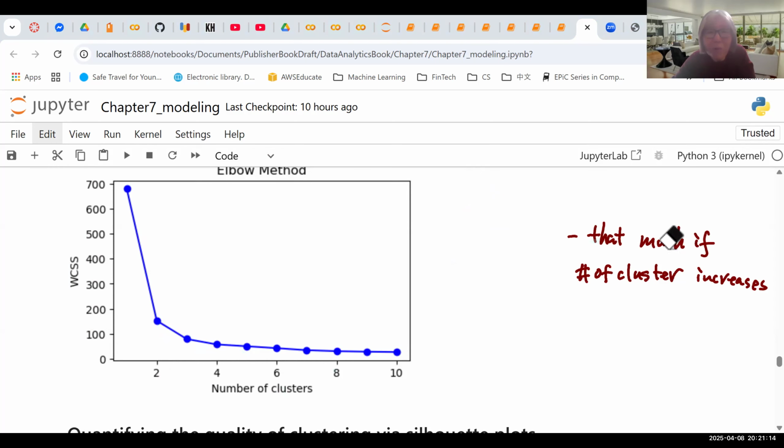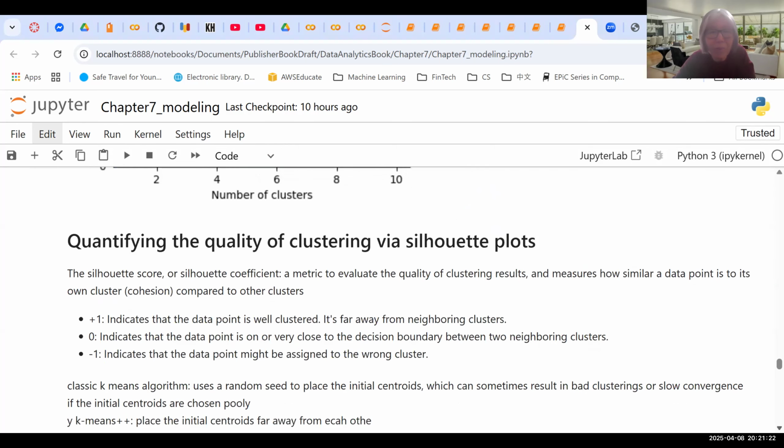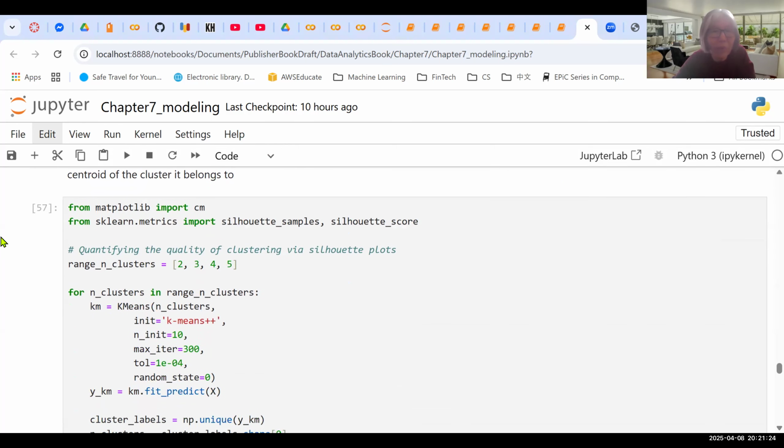And the other one that can make a recommendation for the optimal number of clusters is the silhouette score. Okay, so how do we do that? So here we didn't try from 1 to 11.